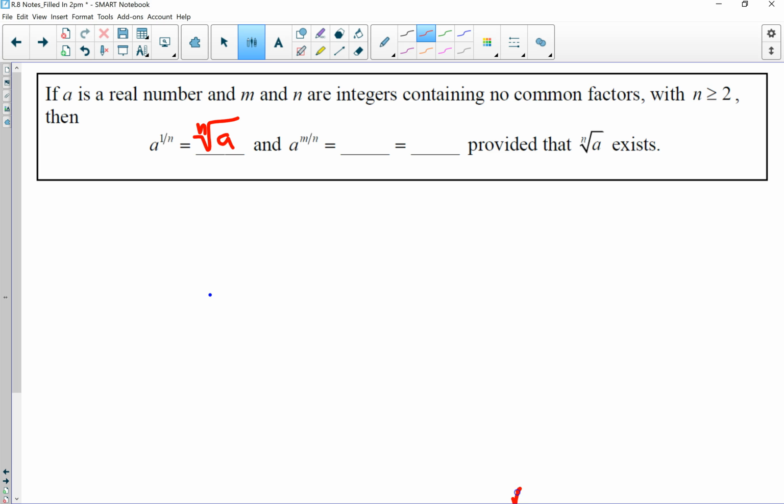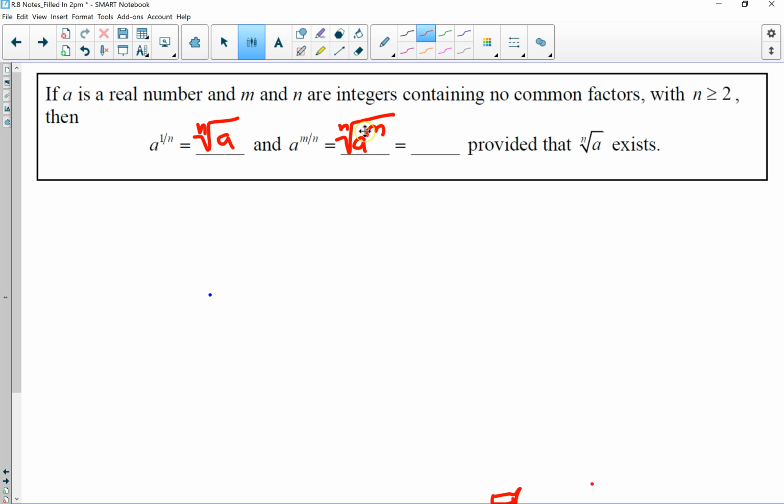So then say I had, not just 1, but some other value in the numerator. Well, that's just a normal power. So it's like a raised to the power of m, and then the nth root is applying. And one thing we mentioned too is that the order that we do the power or the root can be interchanged.